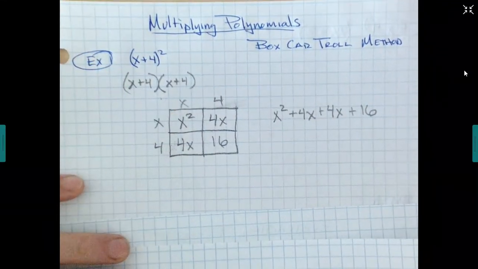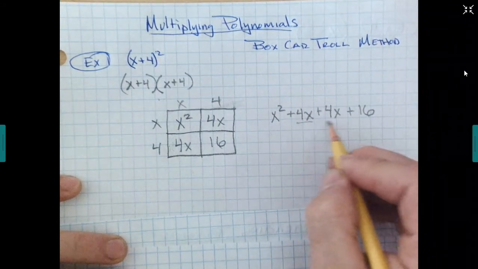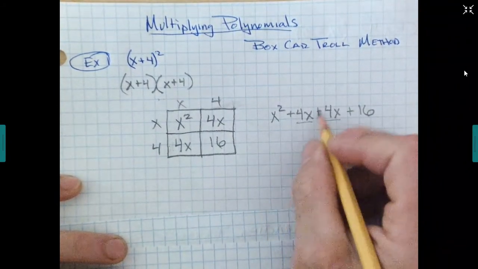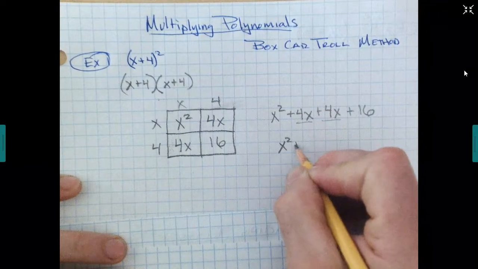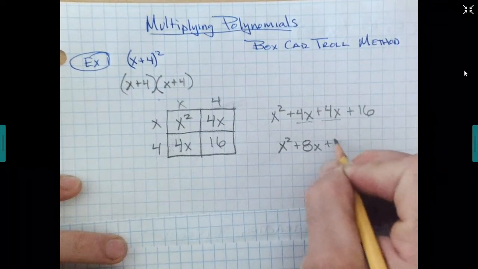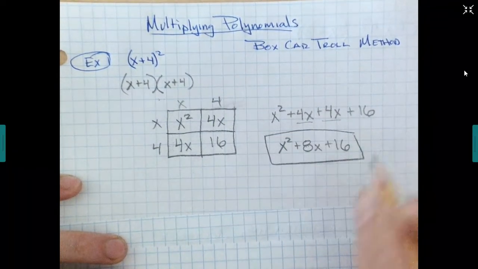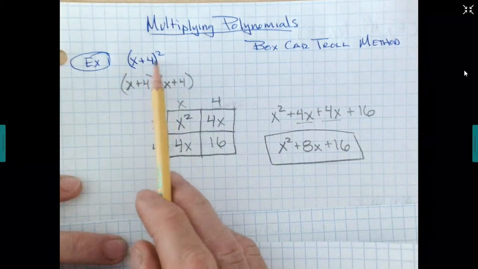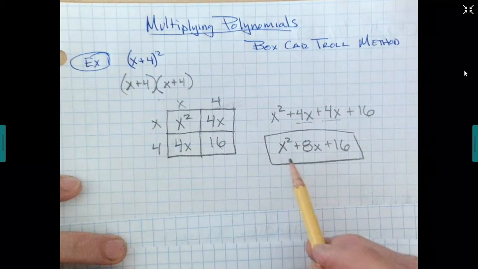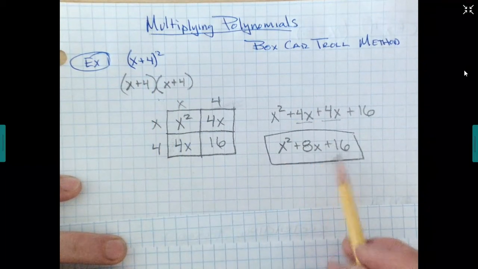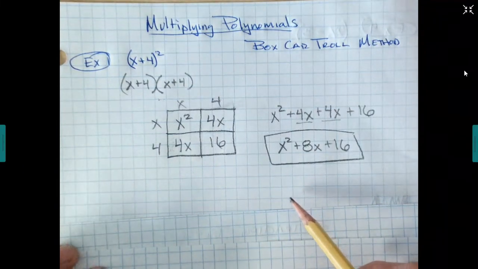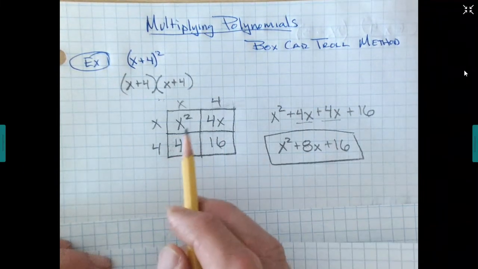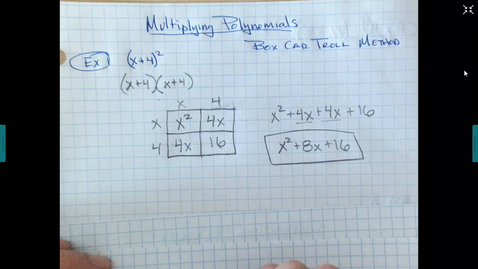Then I look for any like terms. I have a 4x and a 4x. I combine them, so I get x squared plus 8x plus 16. So x plus 4 squared equals x squared plus 8x plus 16. So yes, you do have to write it out, and yes, you have to use the boxcar troll method every time.